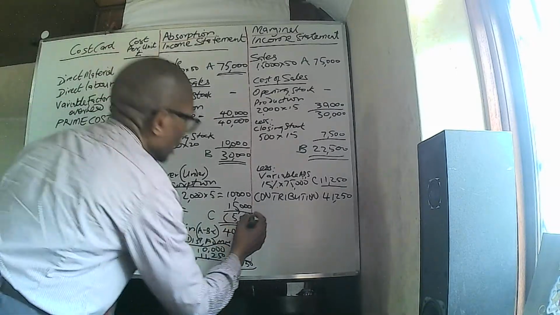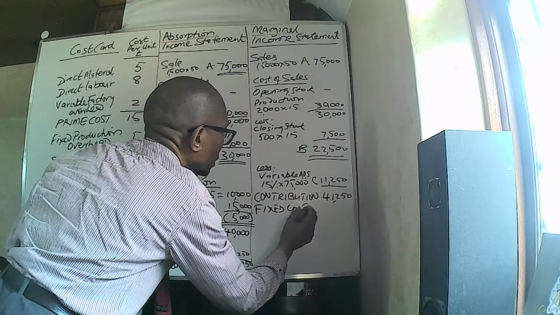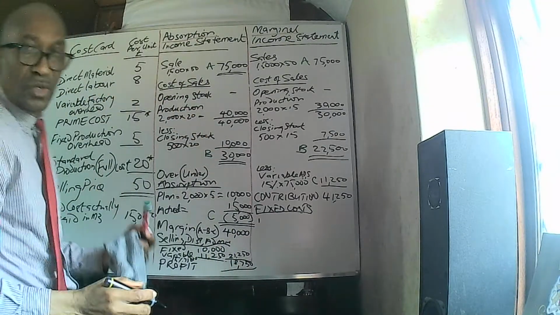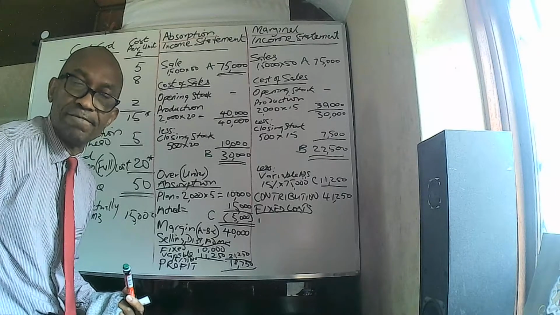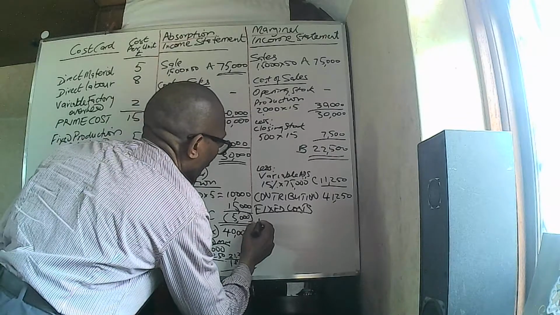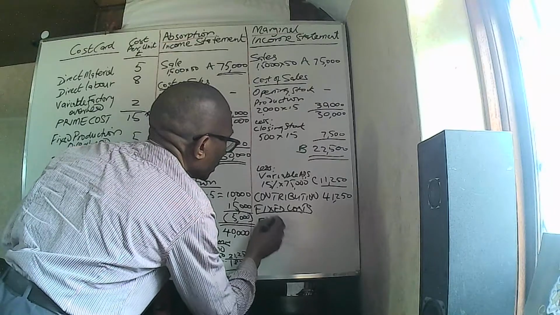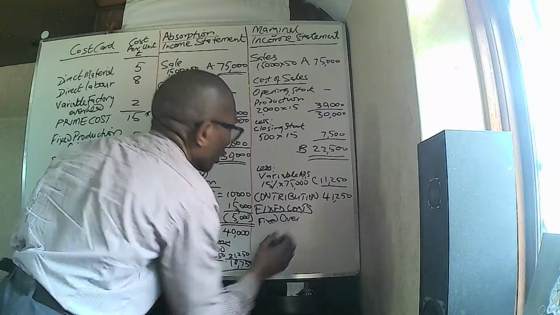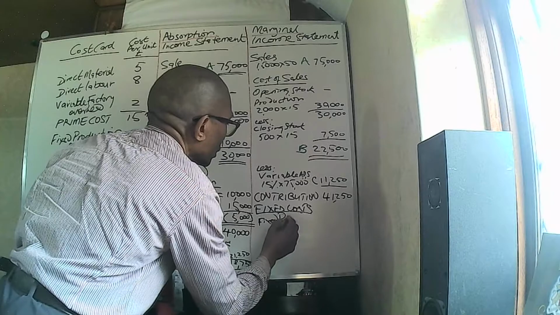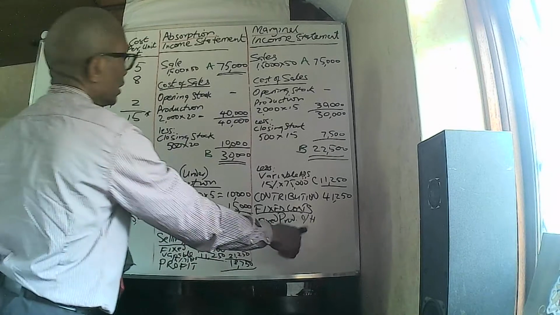So my fixed costs are, first of all, the fixed production overhead actually paid, 15,000.